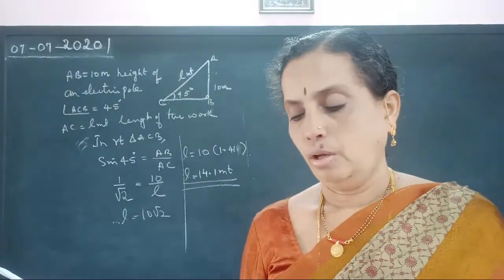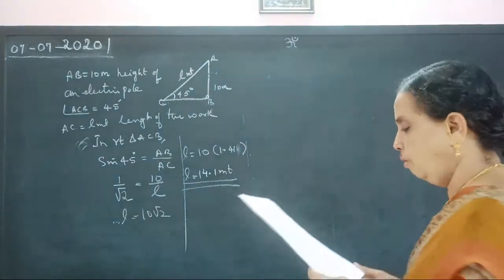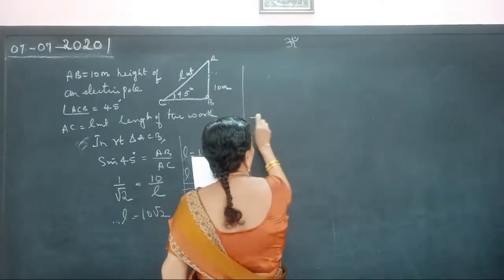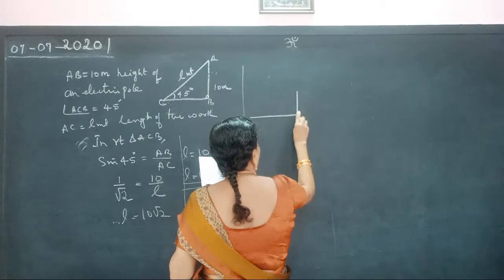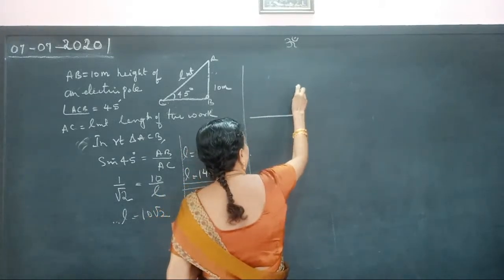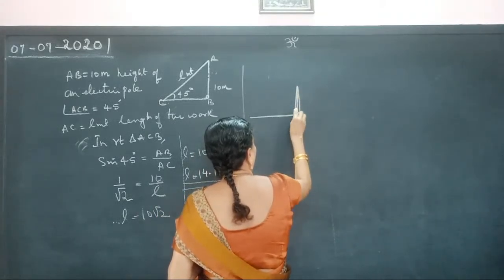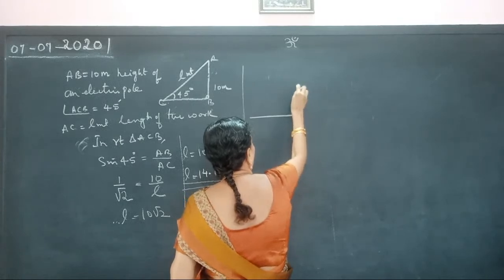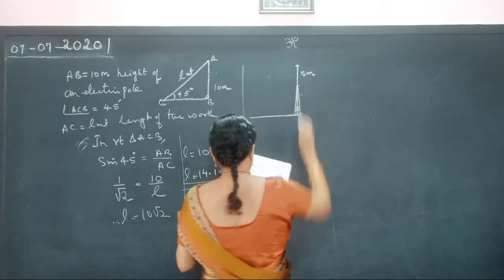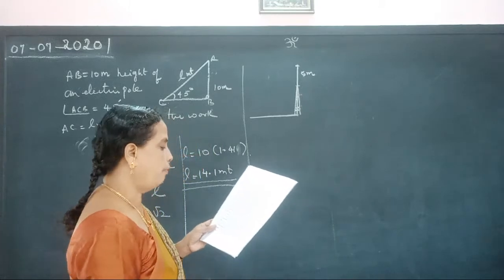Okay, now question number 4. A pole 5 meter high fixed on top of a tower. This is the tower. So this a 5 meter pole has been fixed. A pole 5 meter high is fixed on top of a tower.